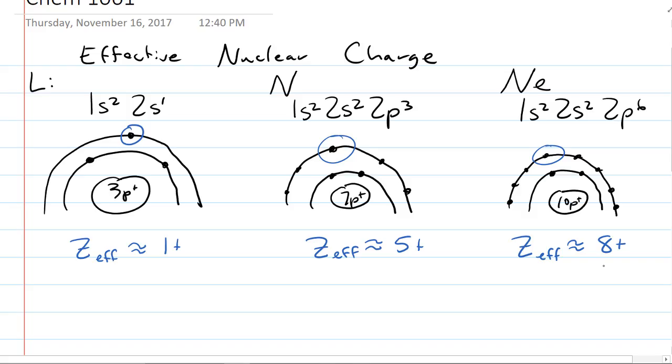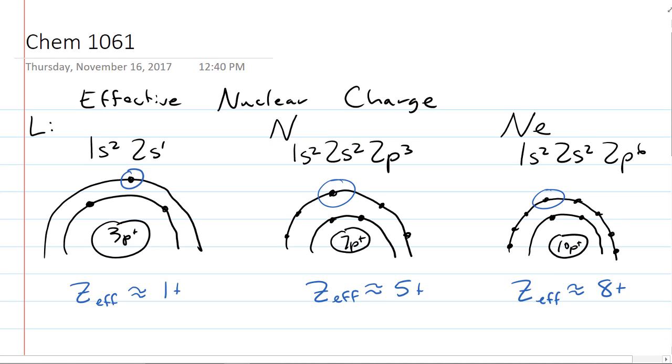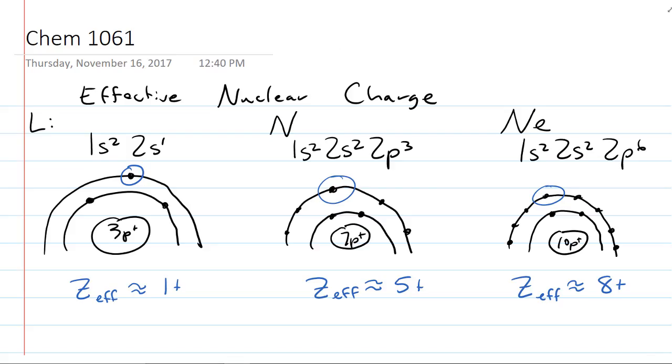And again, we get that based on the fact that we have 10 protons in the nucleus and in effect being canceled out by 2 inner level electrons. Now those inner level electrons are referred to as either core electrons or shielding electrons.